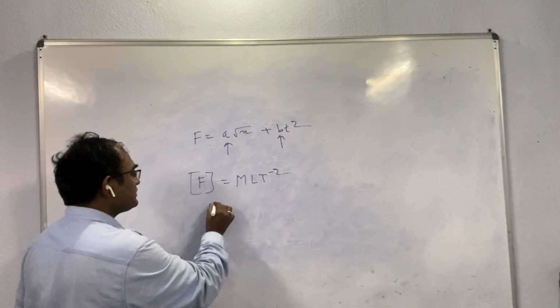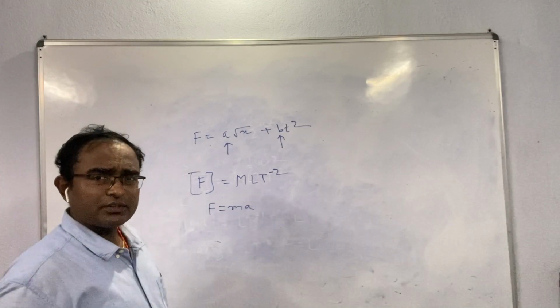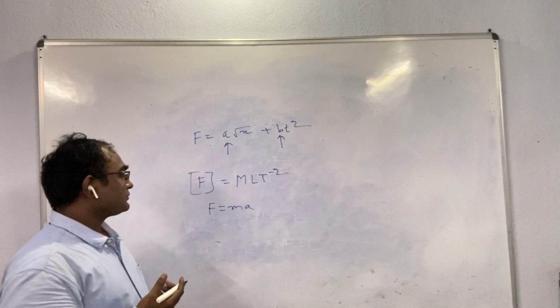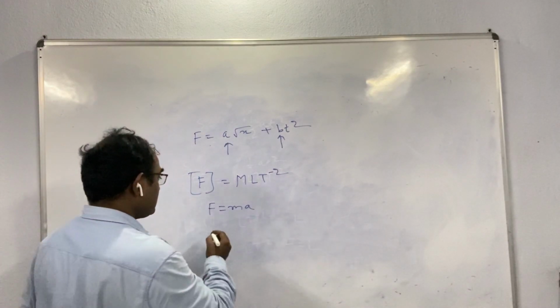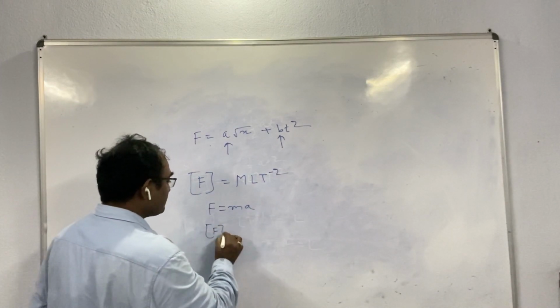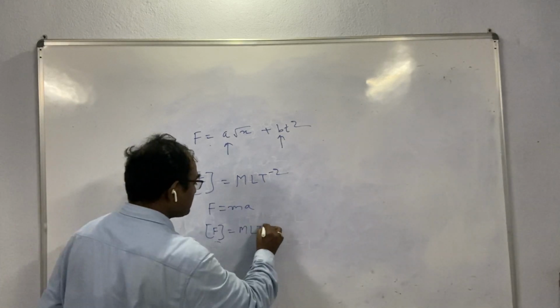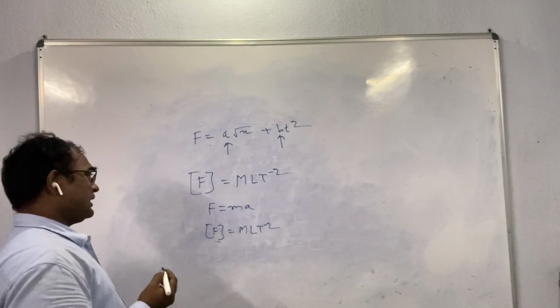For that we need to know the relationship. From Newton's second law, force is the product of mass and acceleration. So if I want to find the dimension of force, mass is M and acceleration is LT^-2. MLT^-2 is the dimension of force.